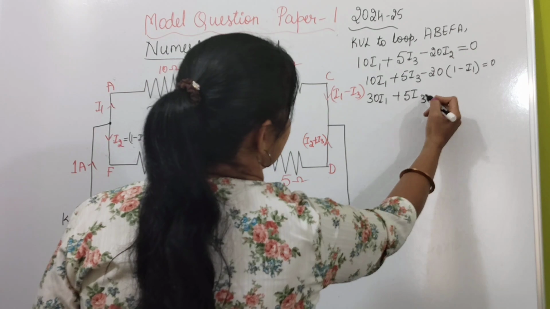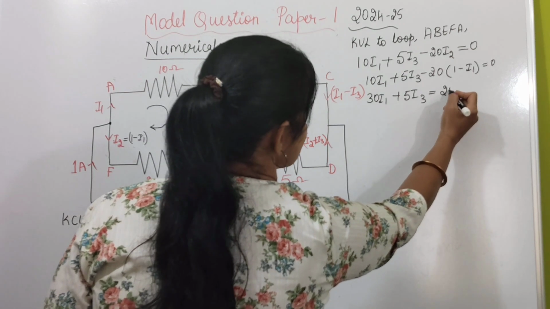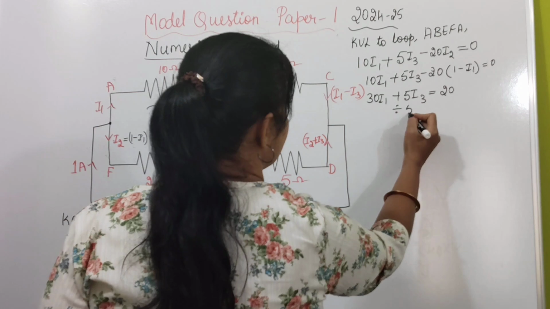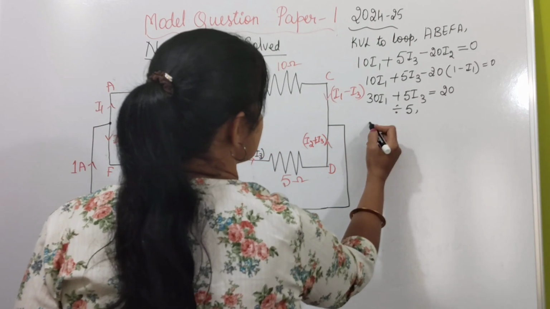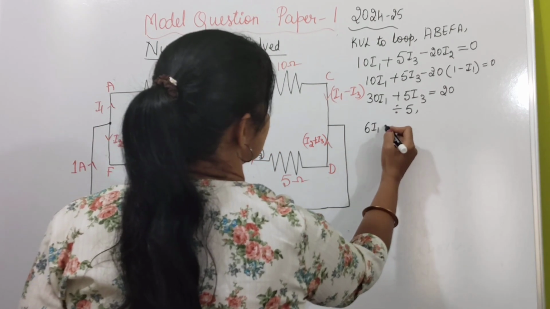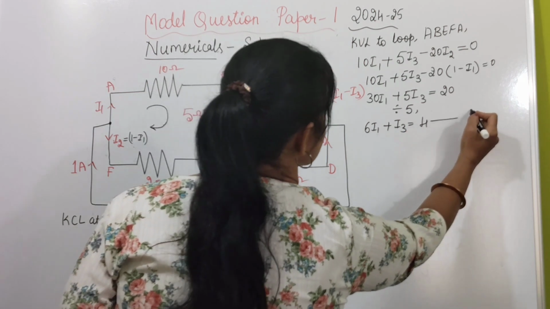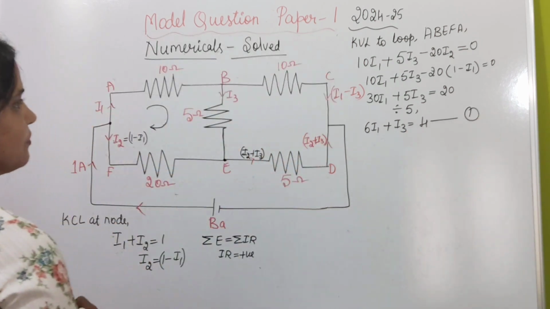Minus 20 comes to this side and it is plus 20. Now you can divide this by 5: 6 I1 plus I3 is equal to 4. Call this equation 1.